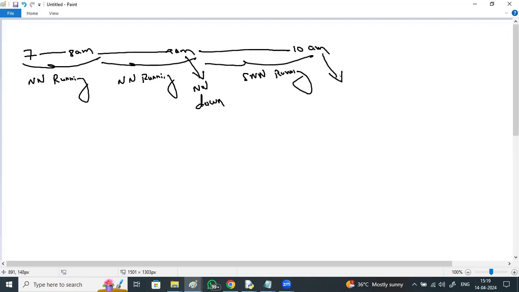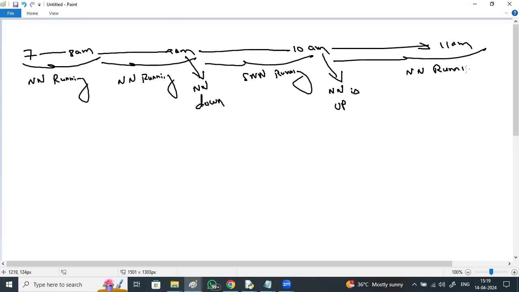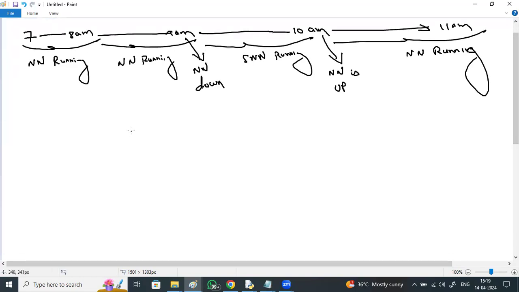At 10 a.m. the name node is up. From 10 to 11 again the name node is running. The name node was down for 1 hour, which is a big loss. During this 1 hour, the secondary name node was running. So now check the differentiation between the name node and the secondary name node.